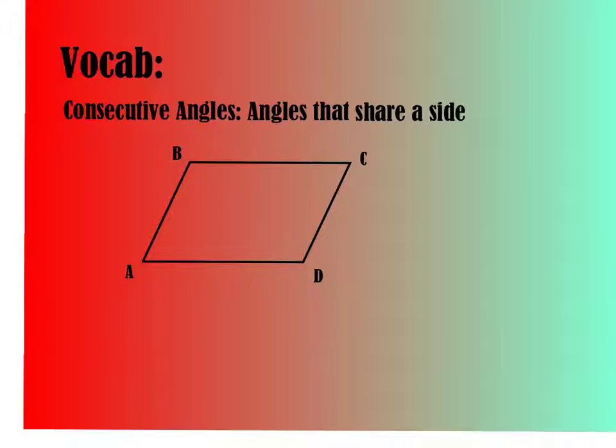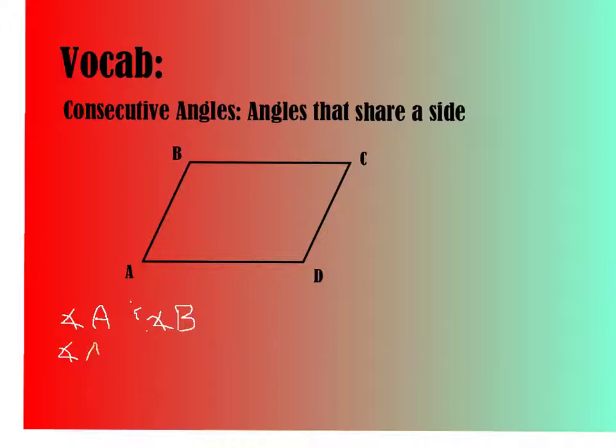We have another vocabulary word that we need to discuss before we move on, and that's consecutive angles. Consecutive angles are angles that do share a side, like they're right next to each other. So for example here, make sure you have this picture down, and then angle A and angle B would be consecutive angles.